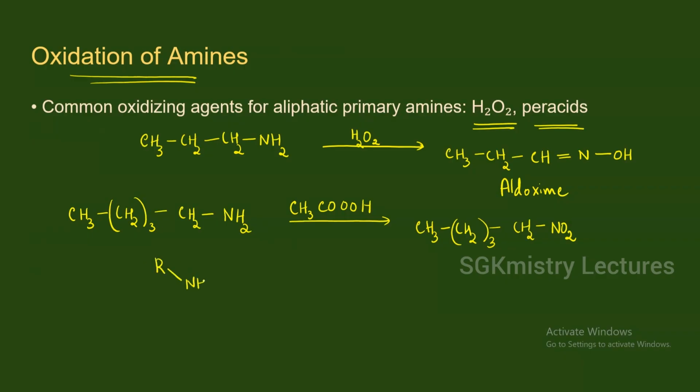Let us take a secondary amine in the presence of, again, hydrogen peroxide. Here this remains as such, and this H will be converted to OH. Now we are going to get a hydroxylamine.